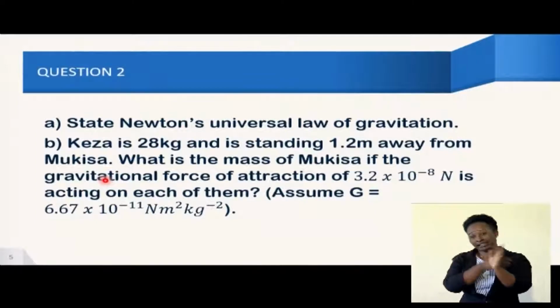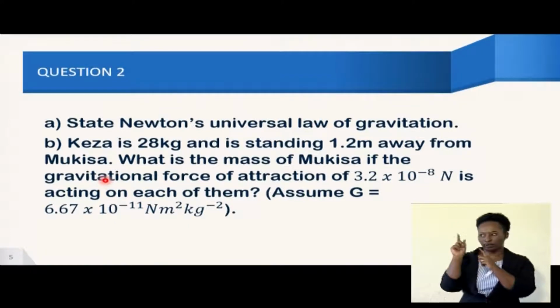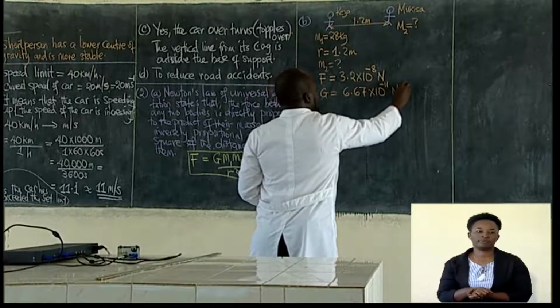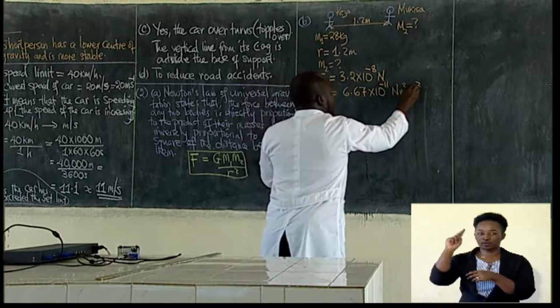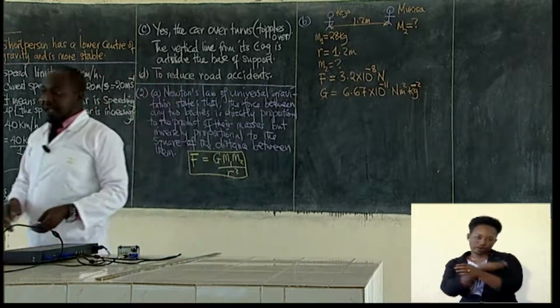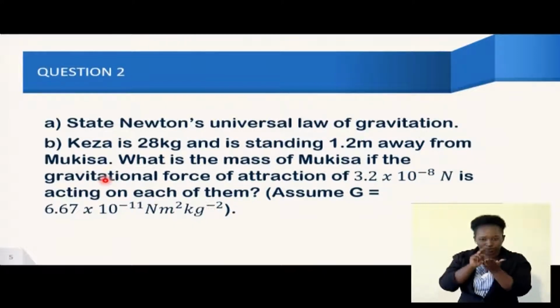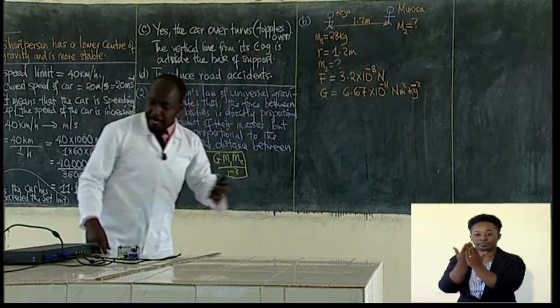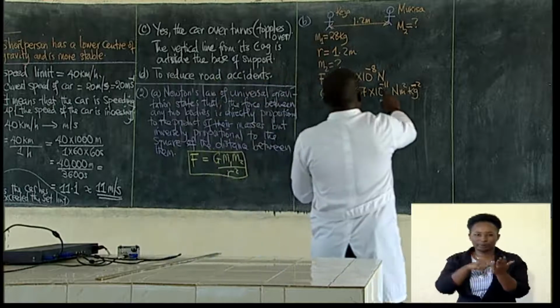And also they have given us G, the universal gravitational constant, as 6.67 times 10 to power negative 11 newton meter squared per kilogram squared. Remember, we looked at all this, how to get G. My major focus is how to press this on a calculator. So get your calculator. The challenge we have is, how do we press figures like this?